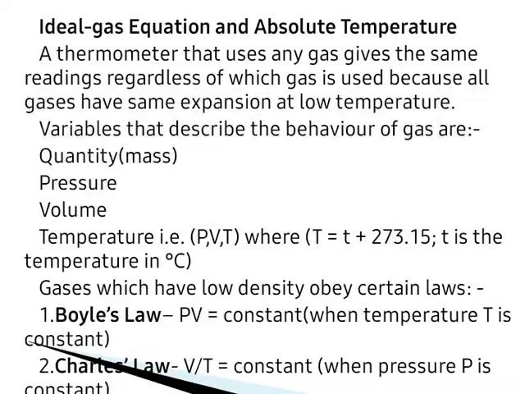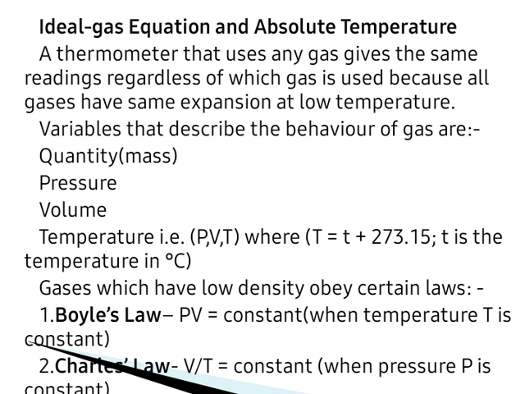You know, thermometer is a device used to measure temperature of a substance. It works under the principle of expansion of fluid on heating. If mercury is used, it is called mercury thermometer.